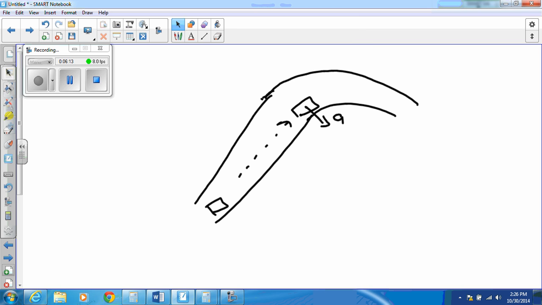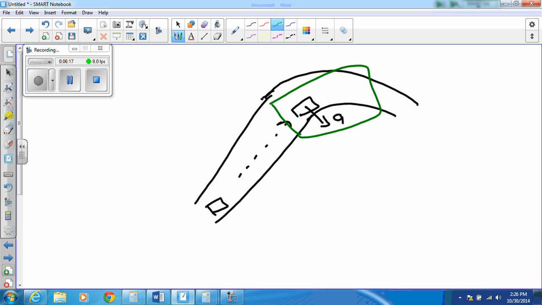And during this portion right here, while the car is moving in a circle, the car is a non-inertial or accelerating reference frame.